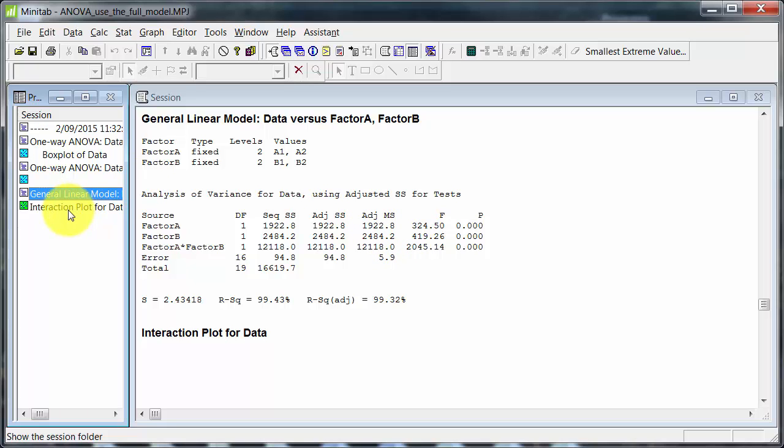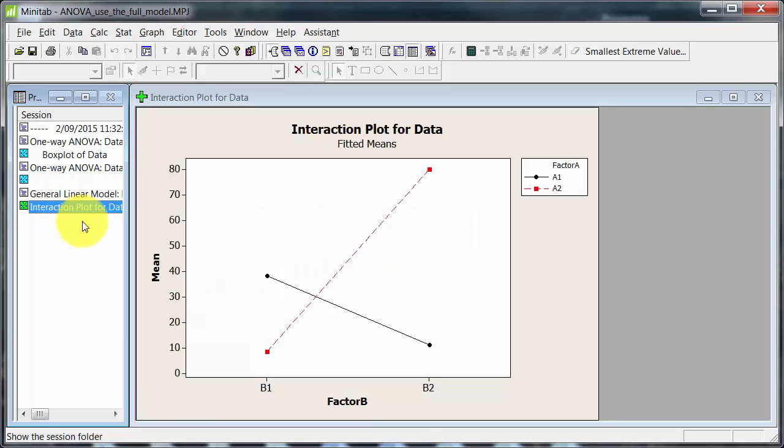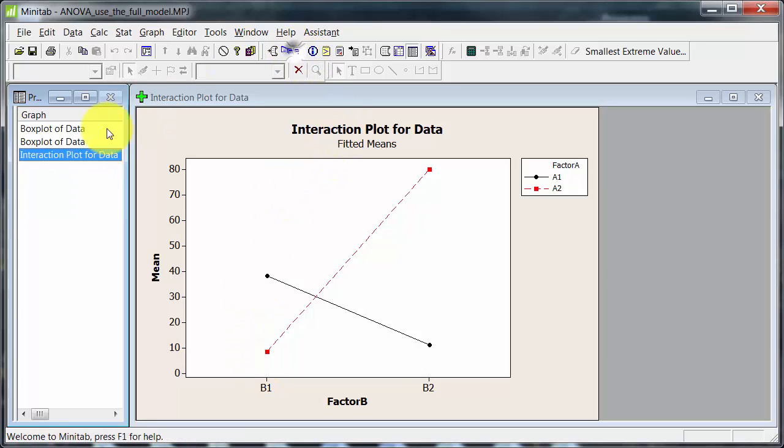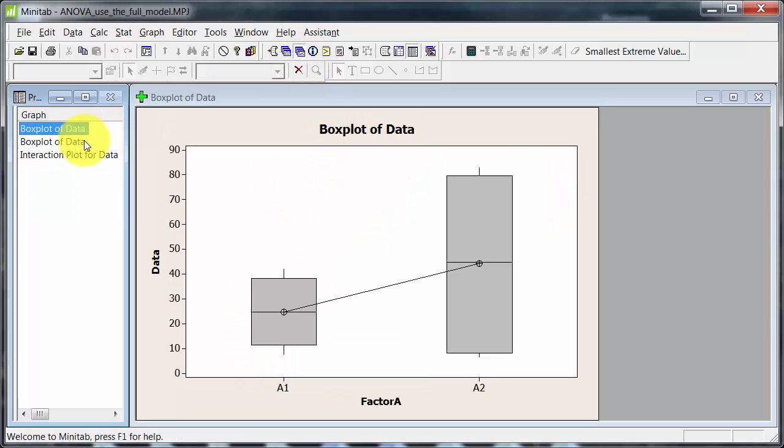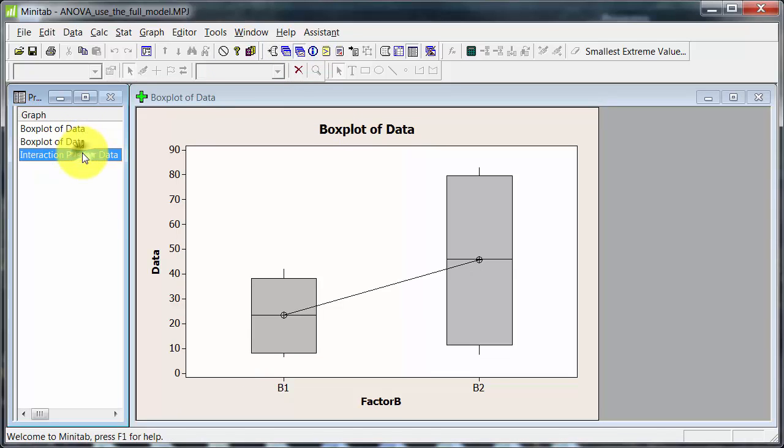Now, we've got the interaction plot, so let's look a bit more. Well, that's a very different picture from what we got from looking at the marginal means: the average for B1 and B2, and the average for A1 and A2. If we just go back to those, A1 less than A2, B1 less than B2.